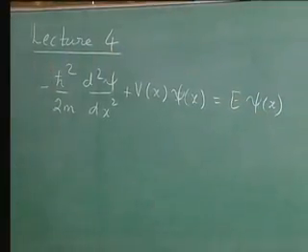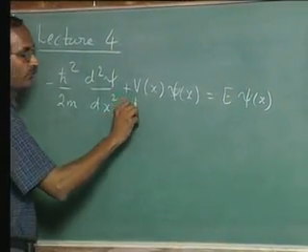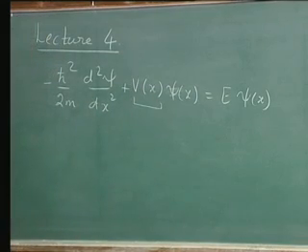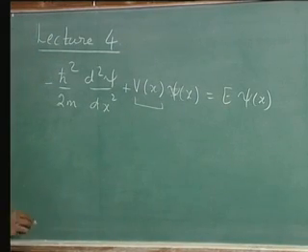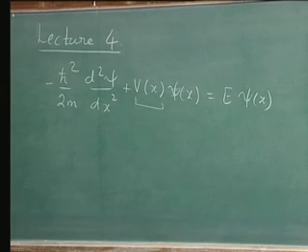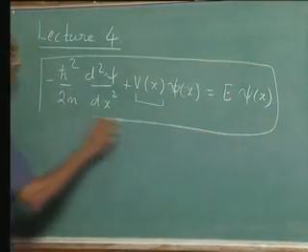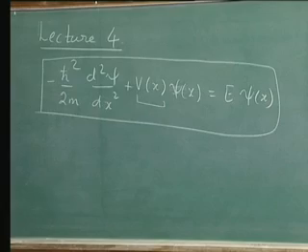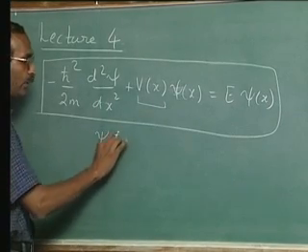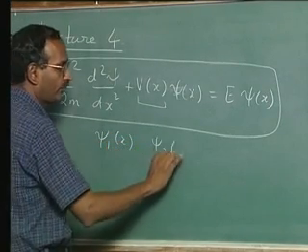For a particle in one dimension, we assumed that this potential to be 0 in a certain region and infinity everywhere, and we had simple solutions coming out of it. The idea of quantization also came out, and the wave functions. The solution gave an infinite number of solutions, which we marked as psi 1 of x, psi 2 of x, etc.